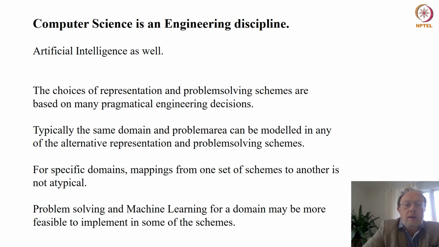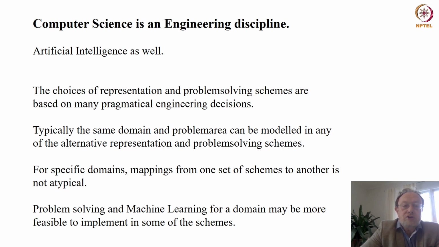So I want to comment on something that I personally find very important. The message here is that computer science is, of course, an engineering discipline. And artificial intelligence, therefore, is an engineering discipline as well.